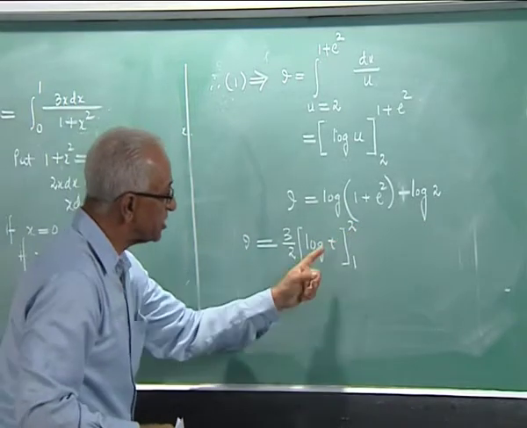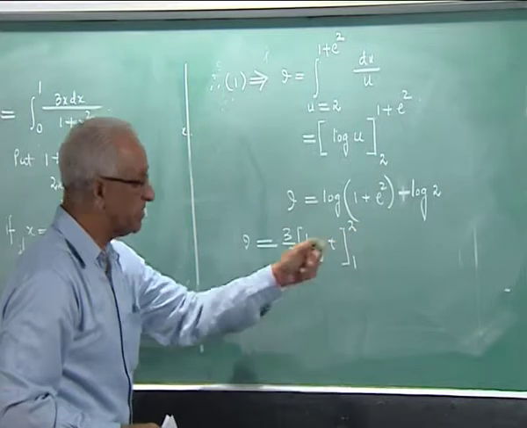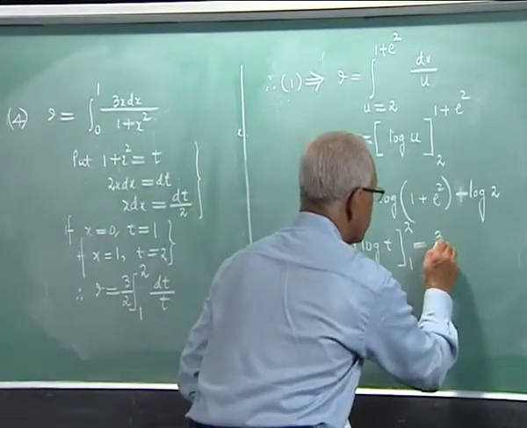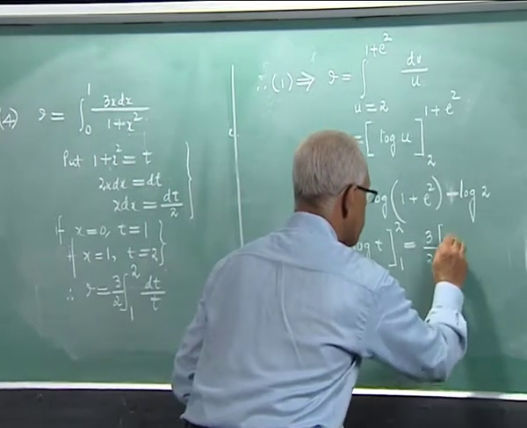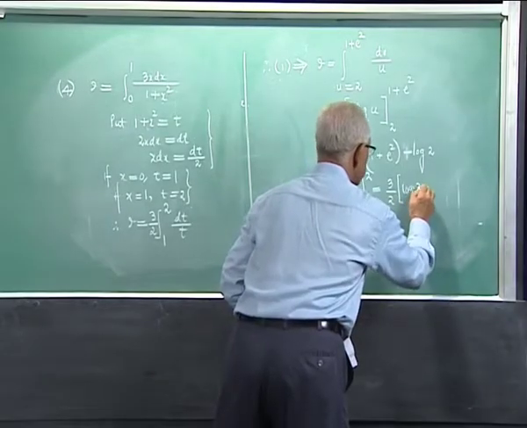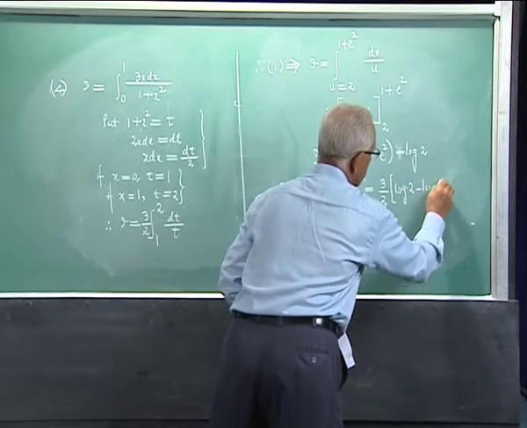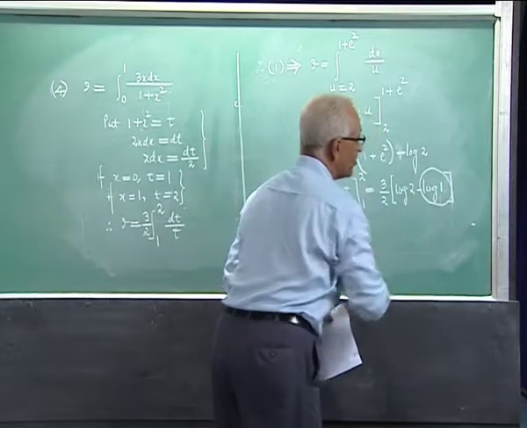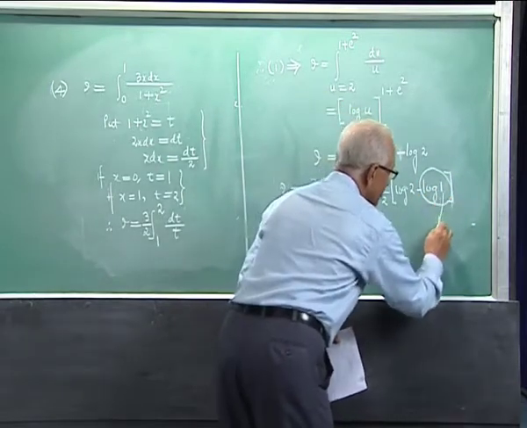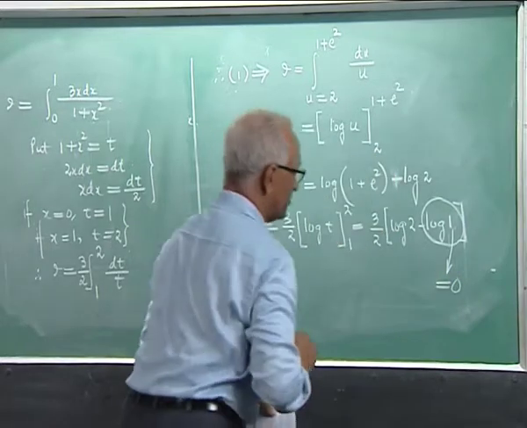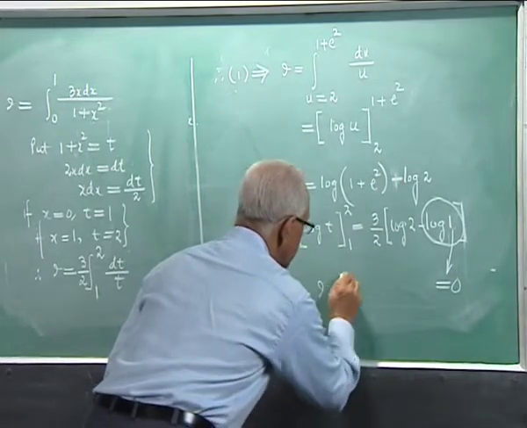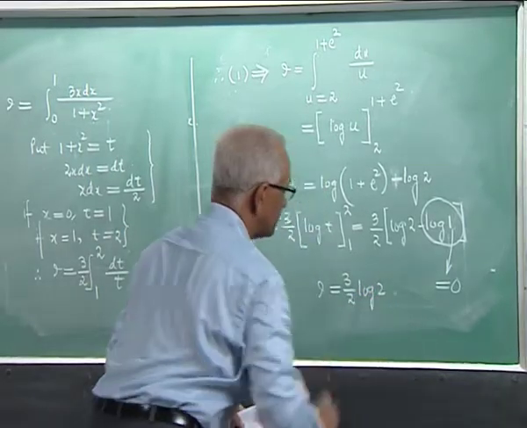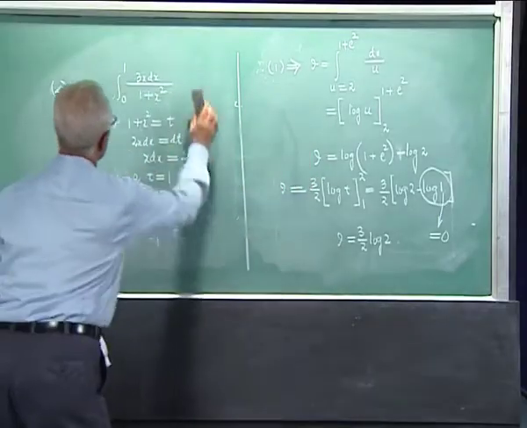The definition is, first in place of t I put the upper limit, then in place of t I put the lower limit. So this will be 3 by 2 times log of 2 minus log of 1. But log of 1, as I told you earlier, is always equal to 0. And we have the answer, I is equal to 3 upon 2 log of 2 only.